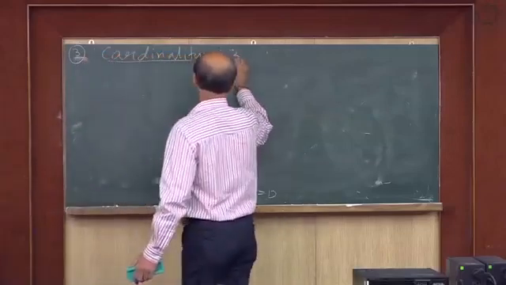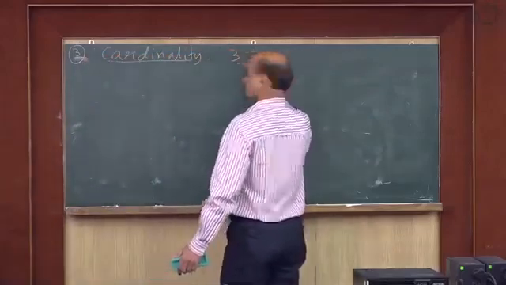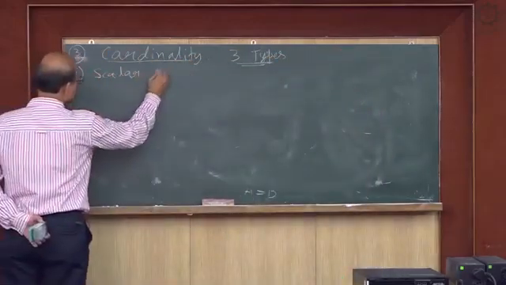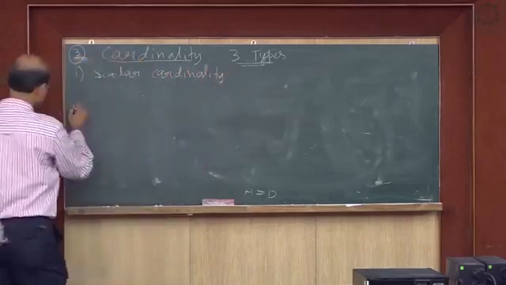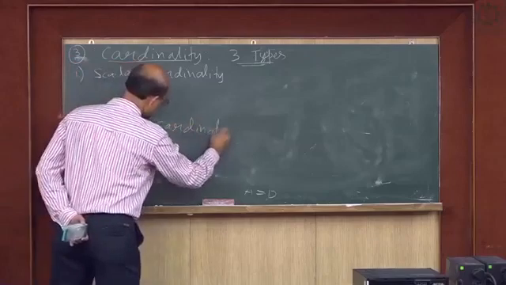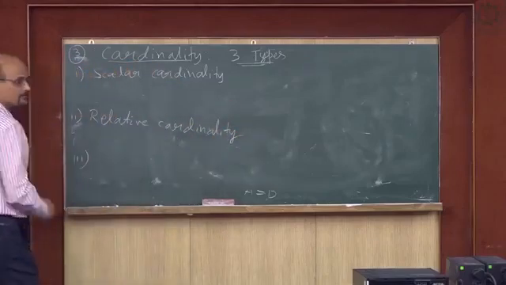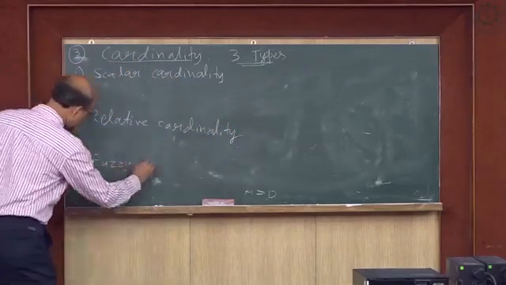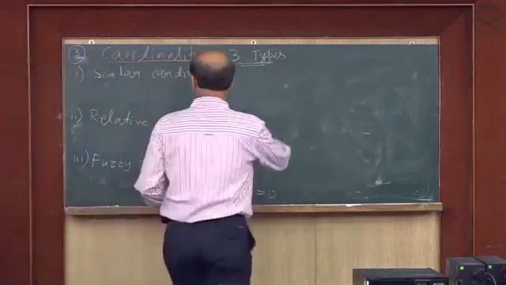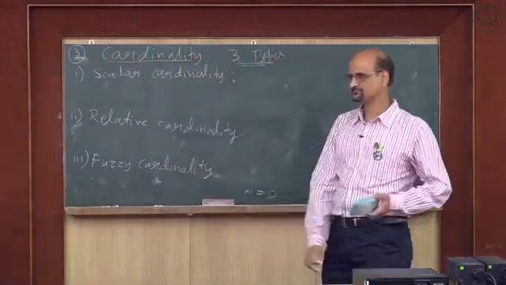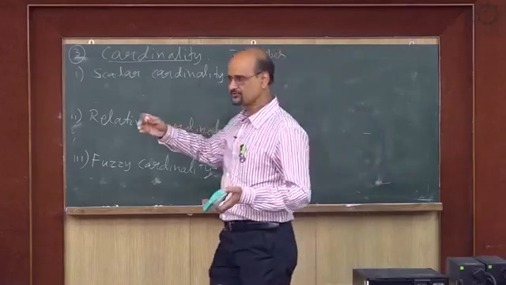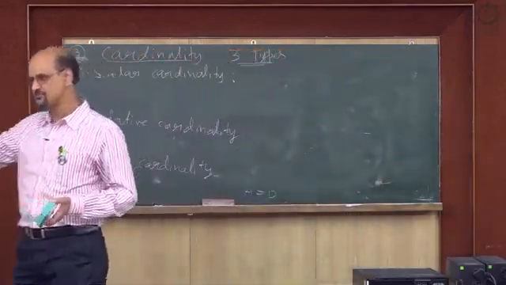So, here we have three types of cardinality. First one is known as scalar cardinality. Second is relative cardinality, and third one is fuzzy cardinality. Now scalar cardinality, this is very easy. If you have a fuzzy set A bar, there you have for different elements different membership functions.